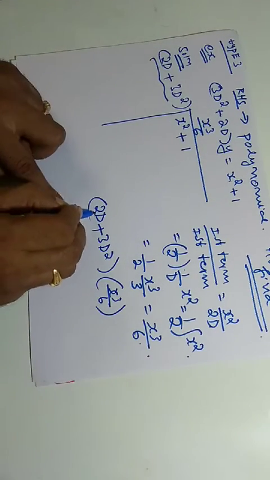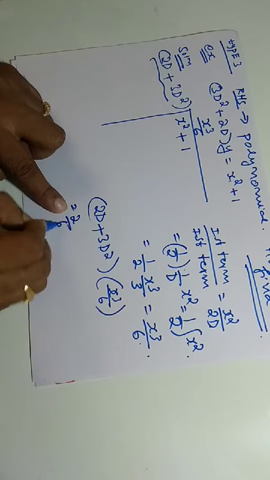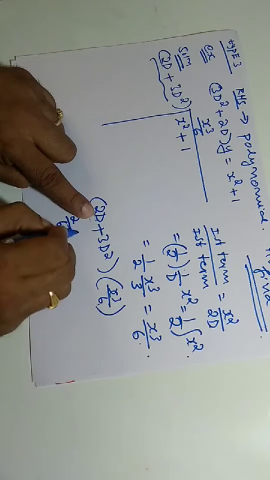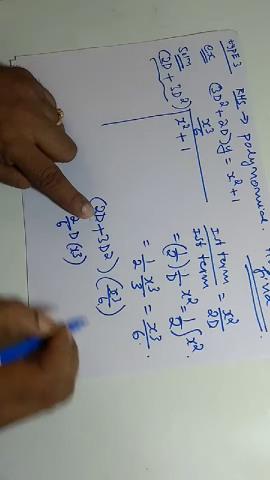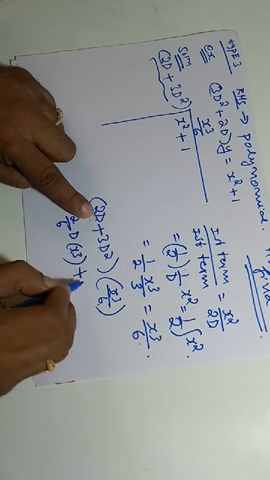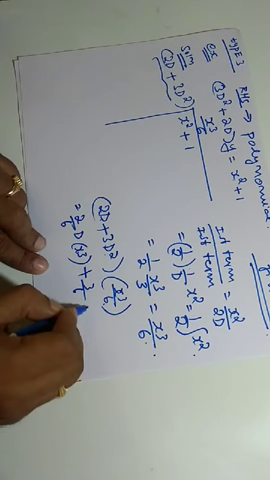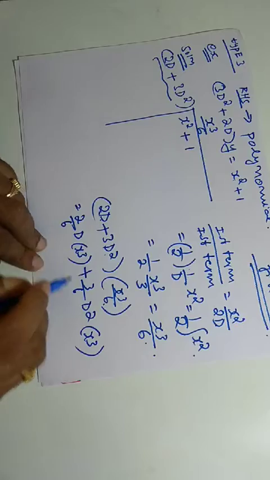What will you get? First let us take the constant outside. 2 by 6 into differentiation of x cubed. Next, 3 by 6 into D squared of x cubed.